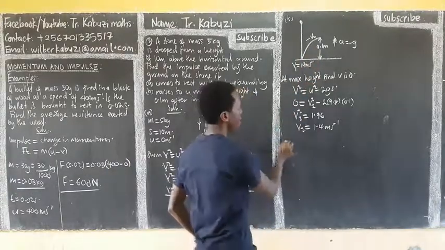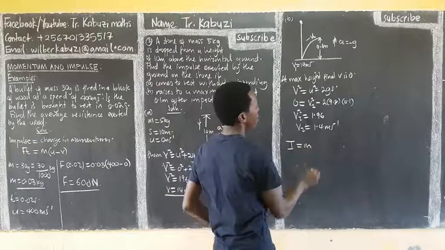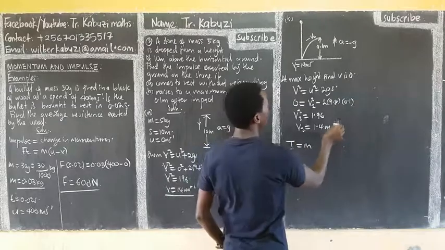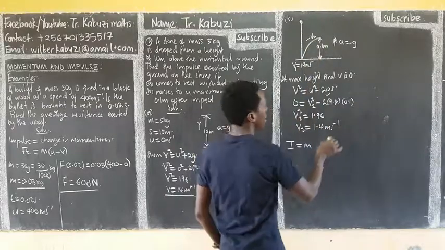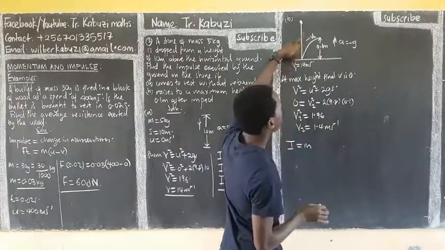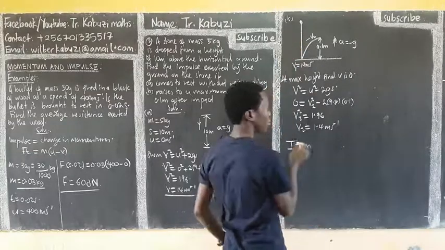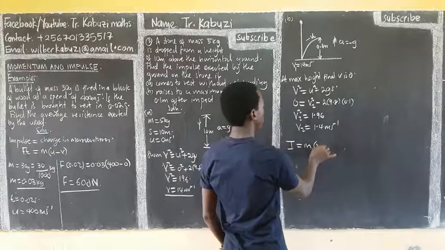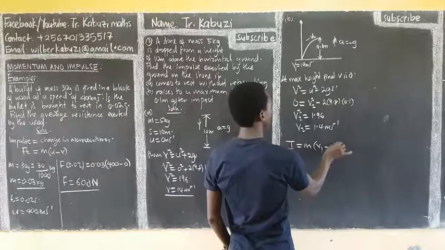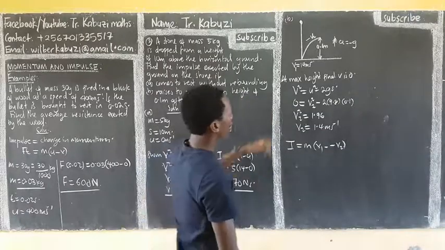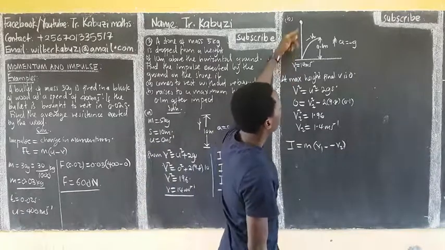So meaning that now my impulse there will be m. Now this one is bigger than this. So remember, this one is negative. This V, you see, was acting in the negative direction like that. So I'm going to treat it as negative also. It's now V1 minus V2, because it was negative, coming, then going.